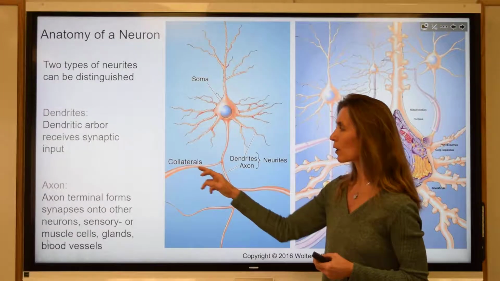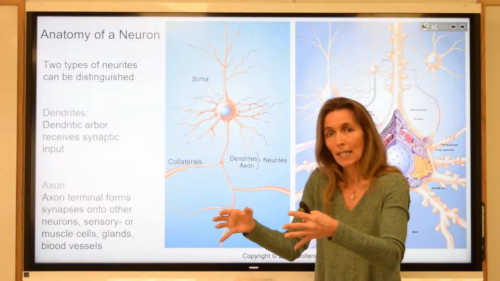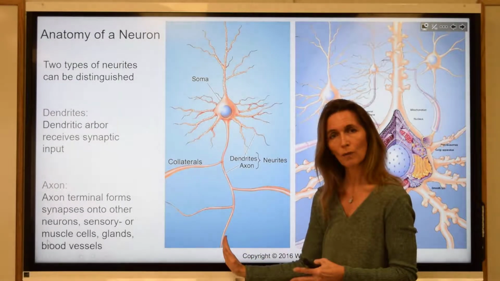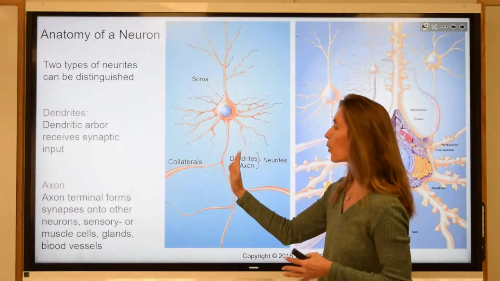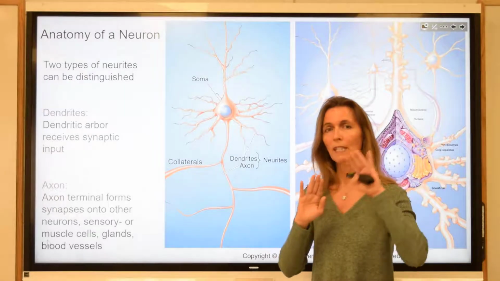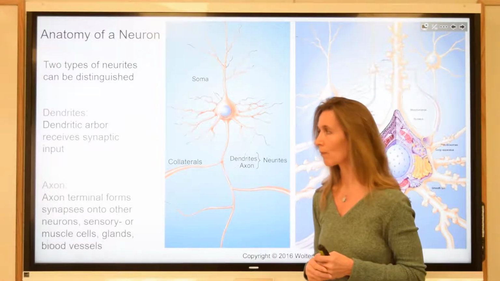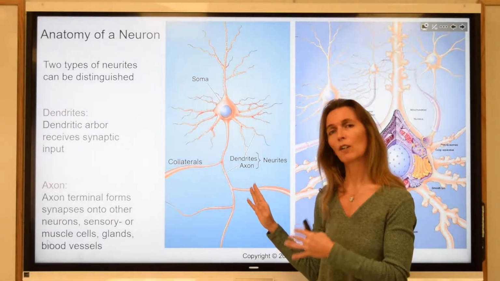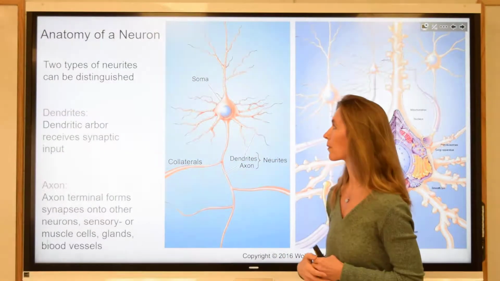These axon collaterals can either project in the same direction, same area as the main axon projects into or contacts, or they can branch out and contact completely different areas, for example, in the brain. And we'll talk about the significance of this later on in this lecture series.